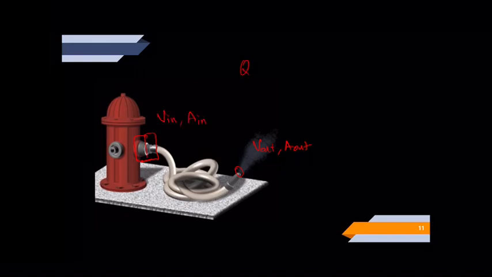According to the theory, Q in equals Q out. So V in times area in equals V out times area out. Let's say you want to know V out, so simply move the area out to the other side and divide by A out, and then you have the velocity out in meters per second.